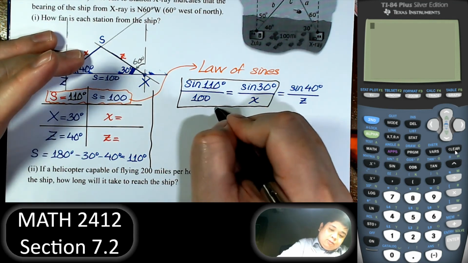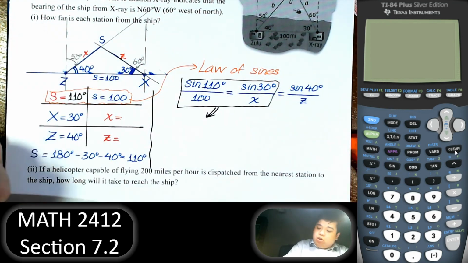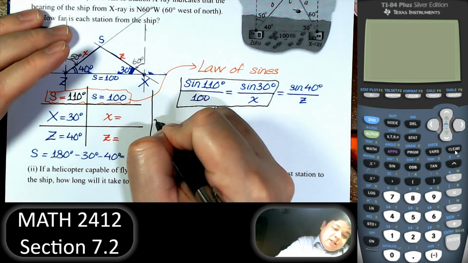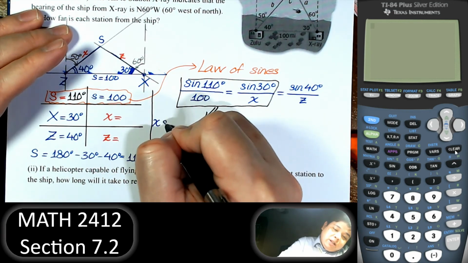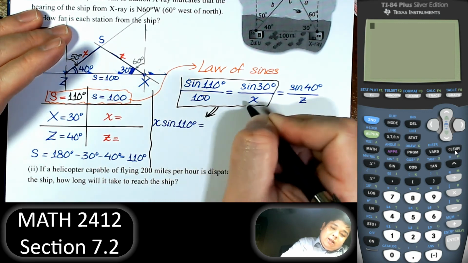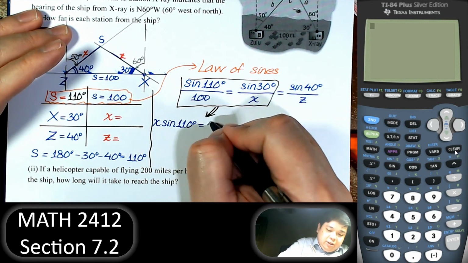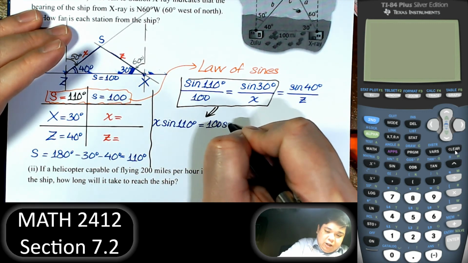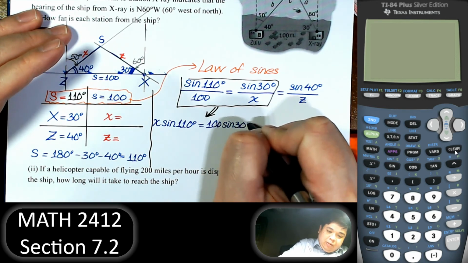Right. Cross multiplying here, x times sine of 110 degrees is equal to 100 sine of 30 degrees.